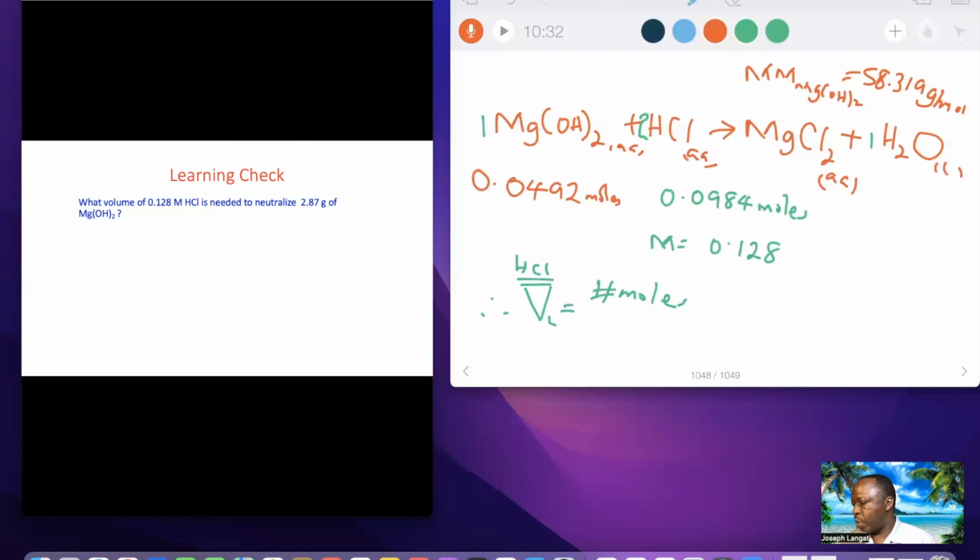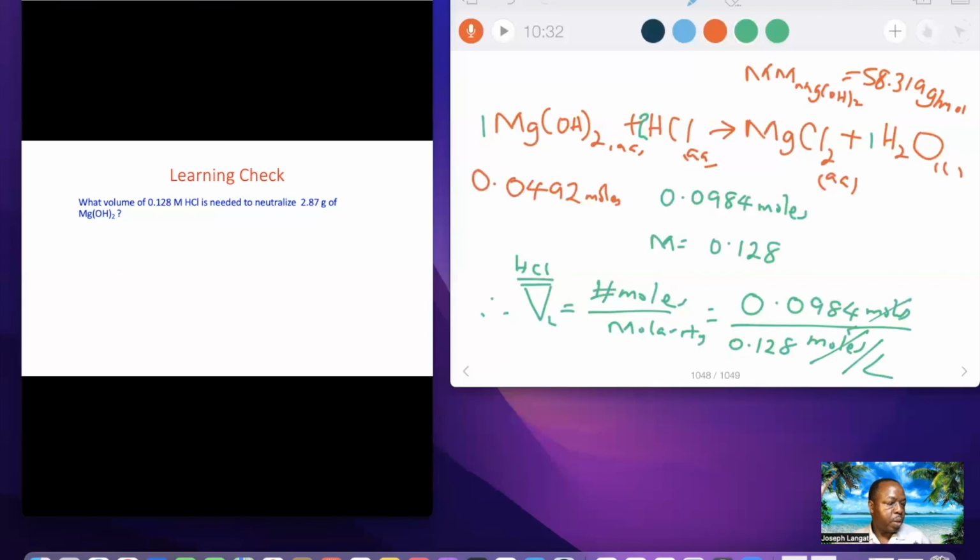It is 0.0984 moles over 0.128. Remember, this is moles per liter, so moles and moles will cancel.